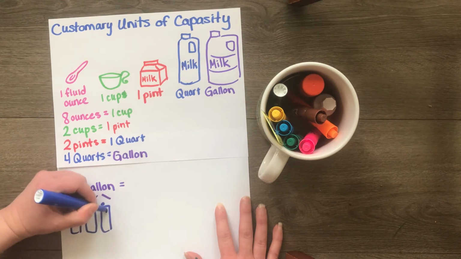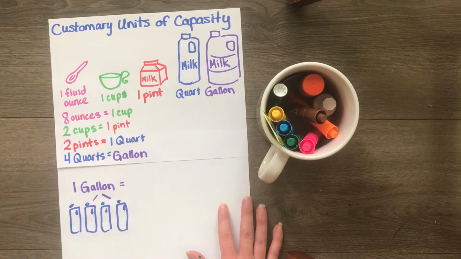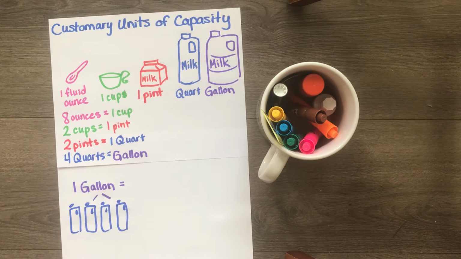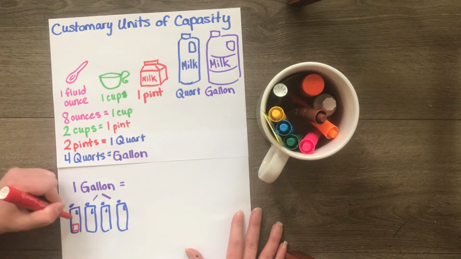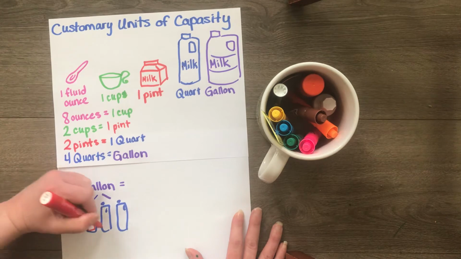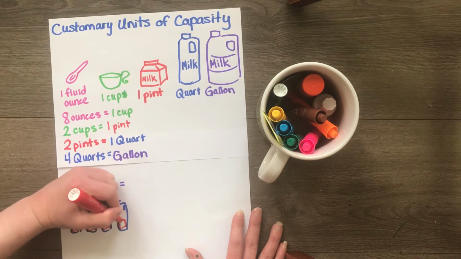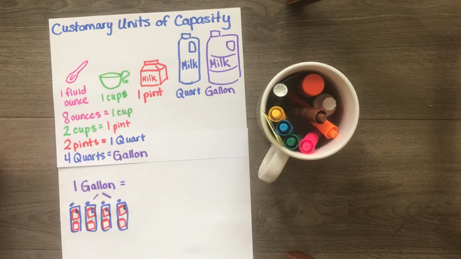They're a little bit simpler than the quarts I've done before. Okay, so there's my 4 quarts. And I know inside every quart is 2 pints. So I'm going to put those pints right inside. 2, 2, 2, 2. And I know inside of each one of those pints, there's 2 cups.